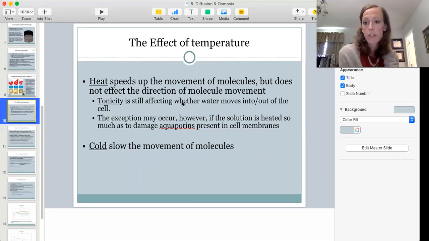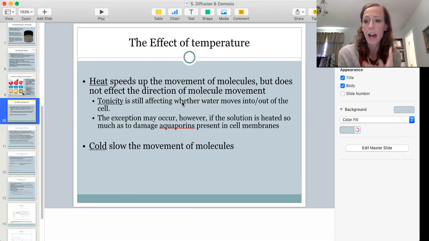There's an exception to this that I want to point out. If the solution is heated so much that it can actually degrade the proteins, then you can have damage to your aquaporins. So those channels that allow water to pass into and out of the cell, again, those were called aquaporins.